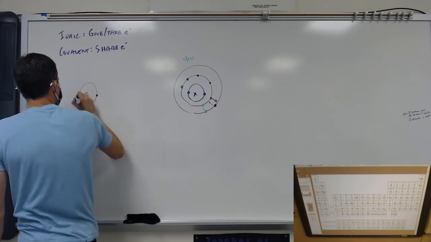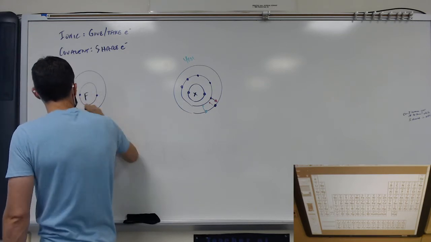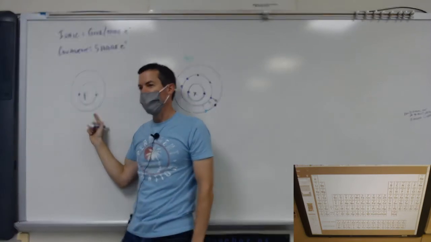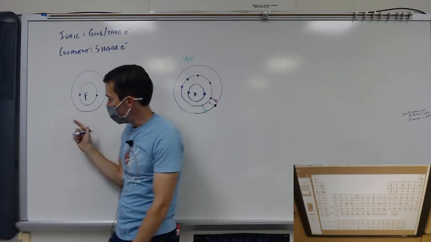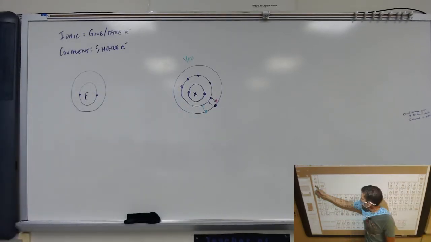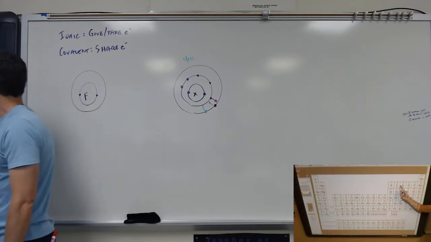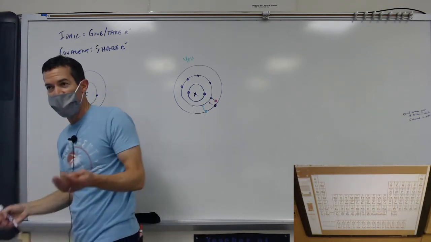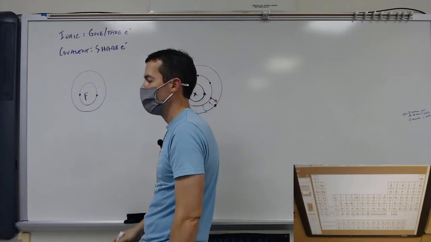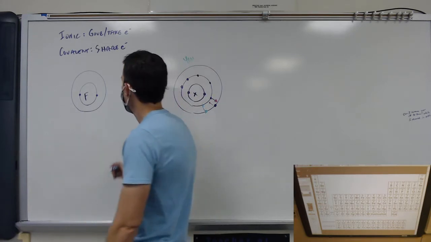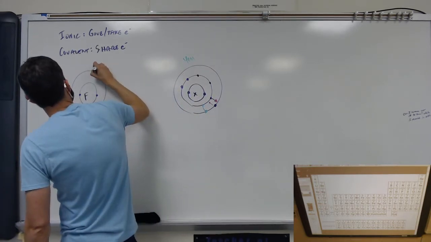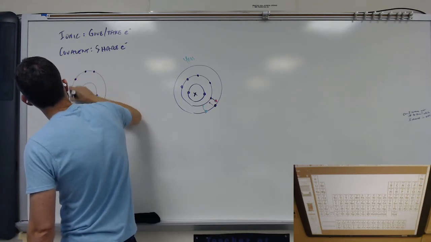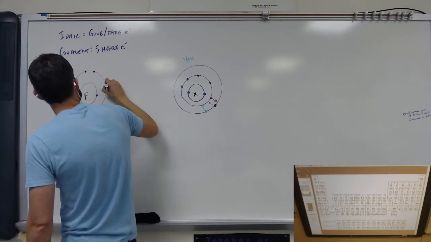How many electrons does it have in its outer ring? 7. I know that because it's in column 7 on the periodic table. 1, 2, 3, 4, 5, 6, 7.